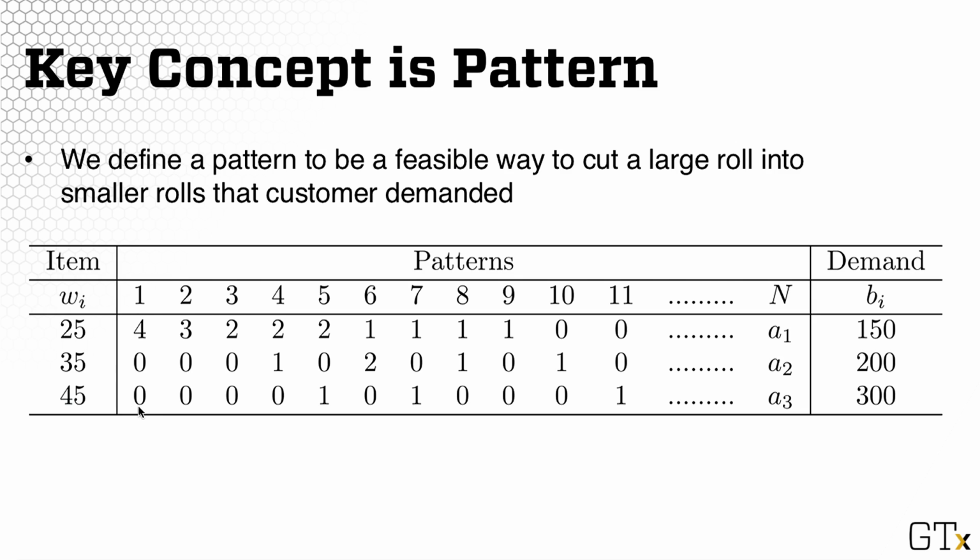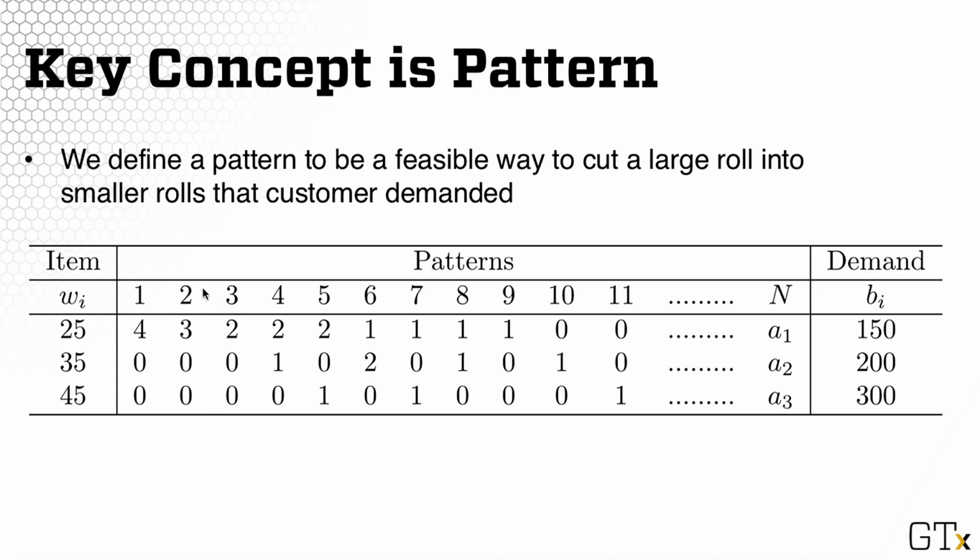So a pattern is a column vector with the number of elements equal to the number of different types of demand. So pattern number 1 is 4, 0, 0, meaning a big roll is cut into 4 copies of smaller rolls of width 25, 0 copies of the other 2 types, because it used up everything here.